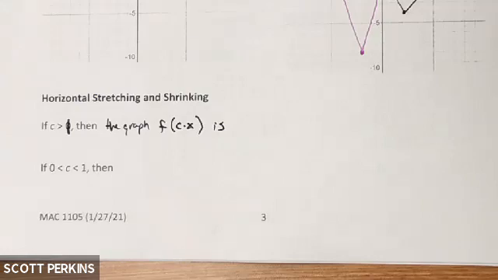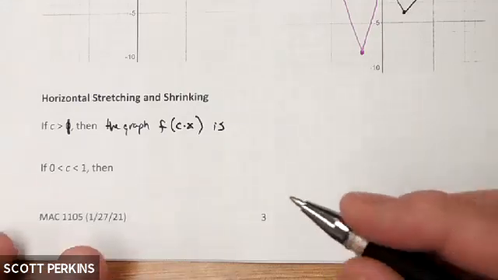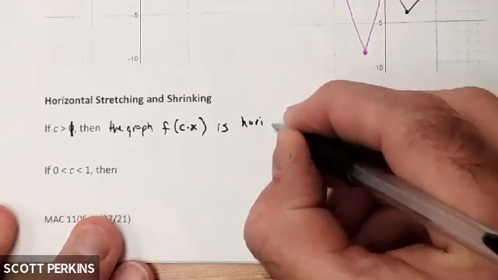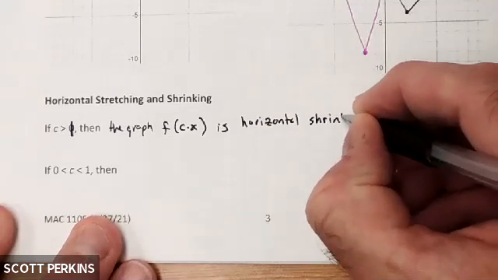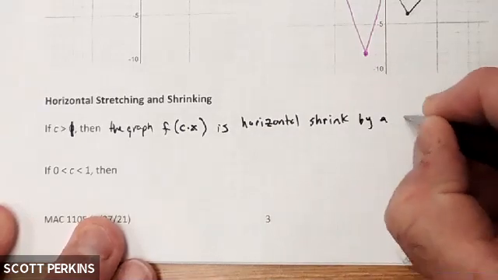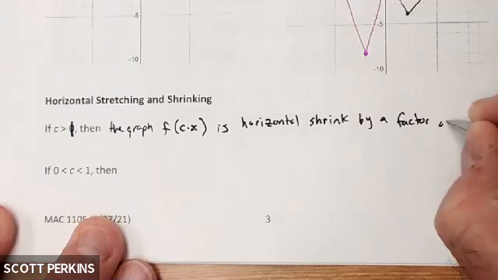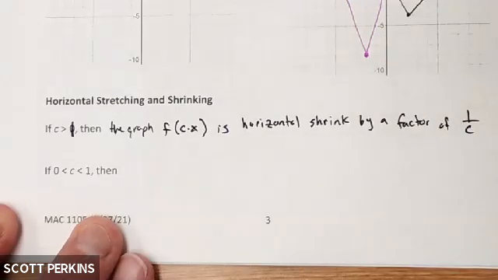Instead of stretching the graph out, what this is going to do is horizontally shrink the graph by a factor of 1 over c.